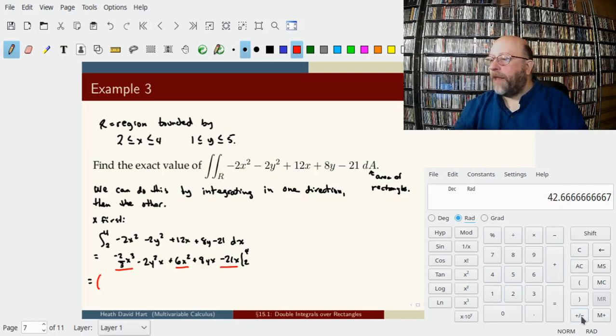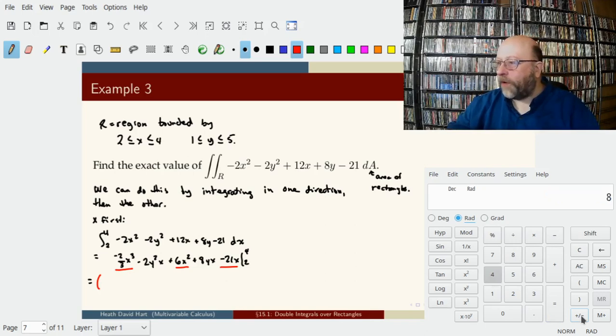Plus 6 times 4 squared, so that's 6 times 16, that's plus 96. Minus 21 times 4, so that's minus 84. And so that's negative 30 2/3, or negative 92 thirds.